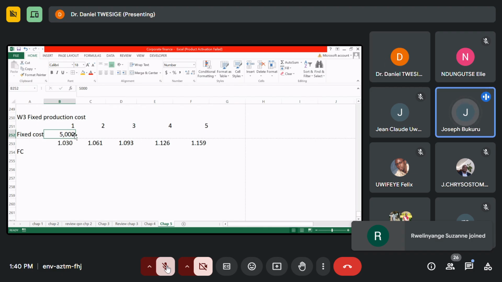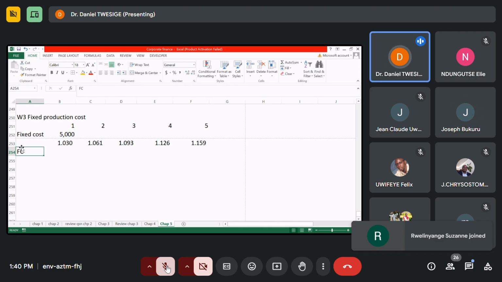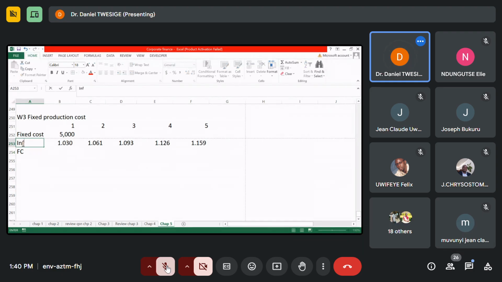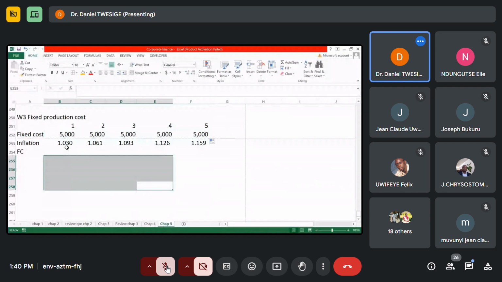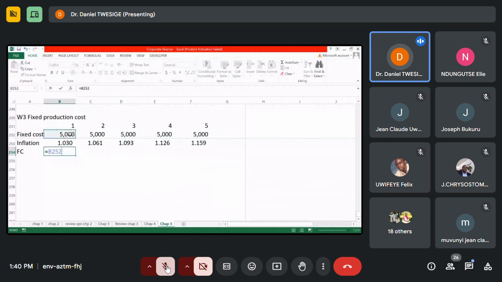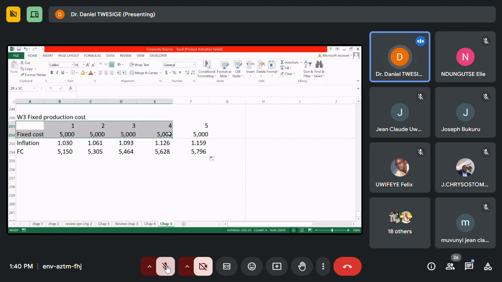You write there inflation. Our nominal fixed cost will be this times this. So that is the fixed production costs.